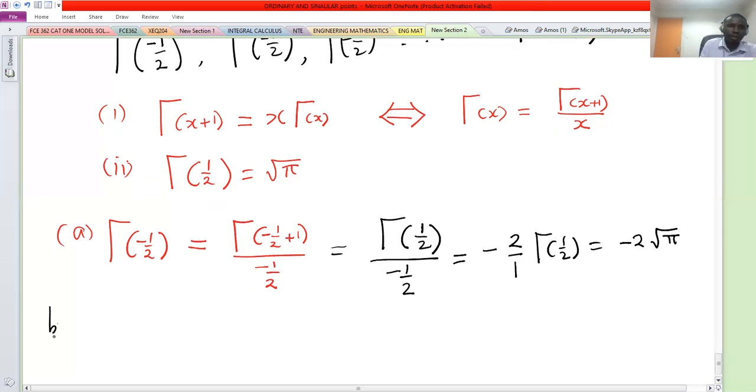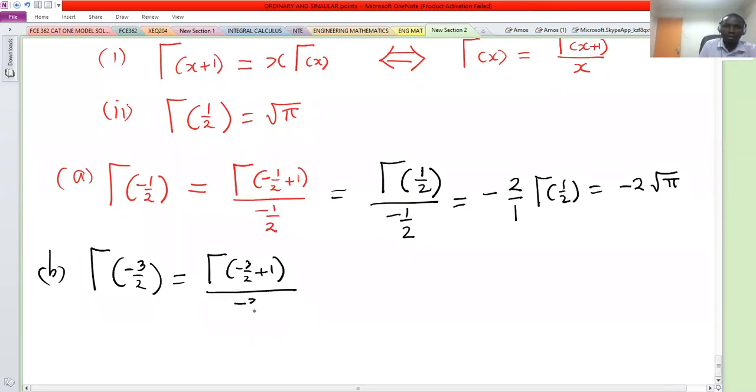And then B, gamma of minus 3/2 is the same as gamma of minus 3/2 plus 1, making use of this property, divided by minus 3/2. This is the same as gamma of minus a half, and then you divide this one by minus 3/2. The reciprocal of this one will be minus 2/3 times gamma of minus a half.